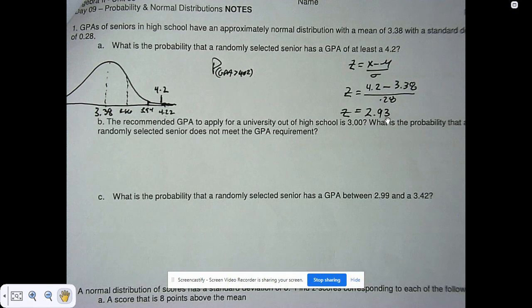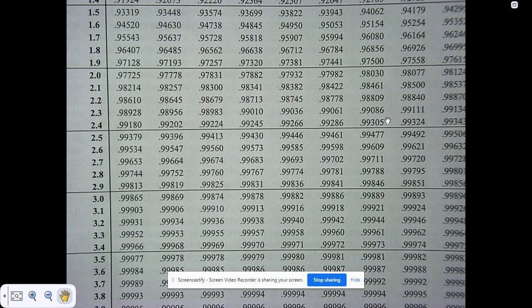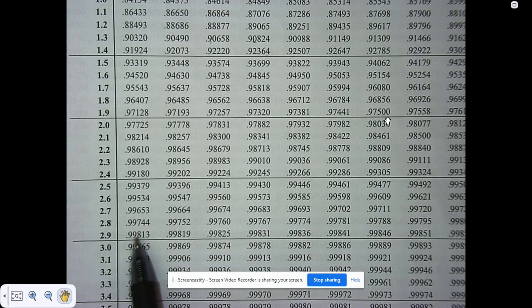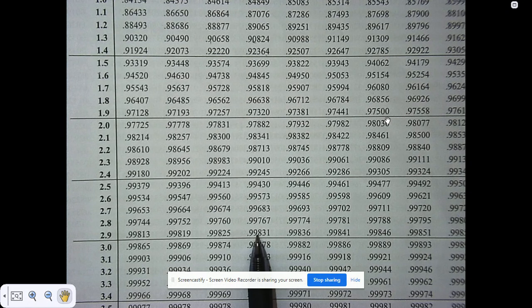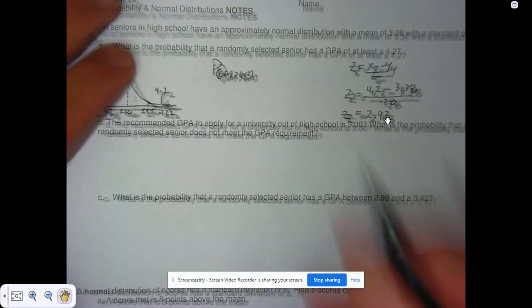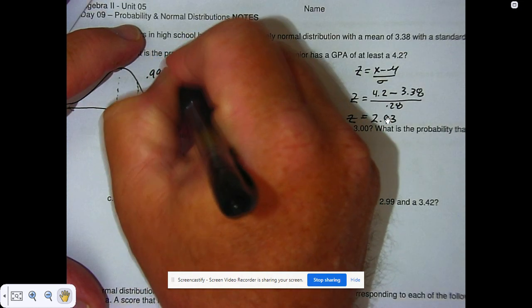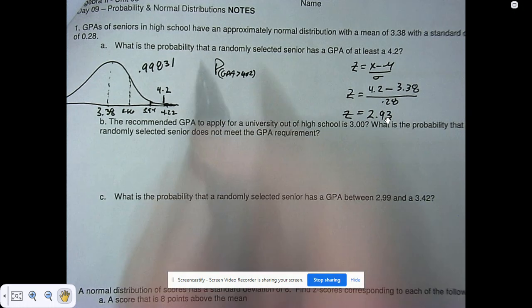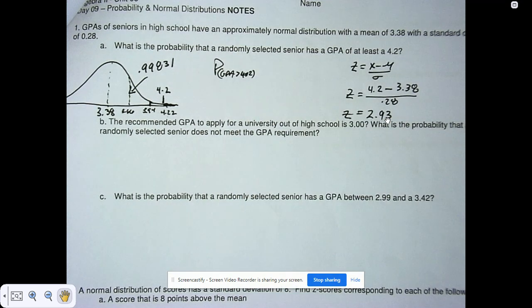We look that up on the table. 2.93 is down at the bottom of the positive side. 2.90, 2.91, 2.92, 2.93, 0.99831. Now remember, that is the probability of being to the left of that. We want the area that's to the right of the 4.2 because we want greater than.